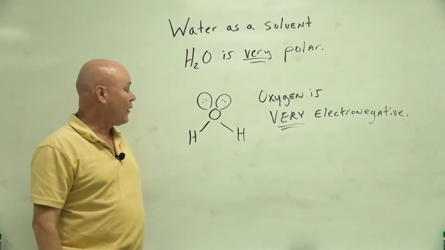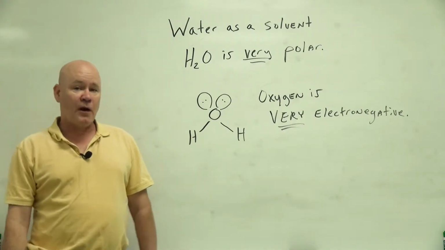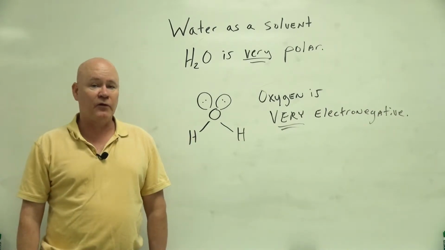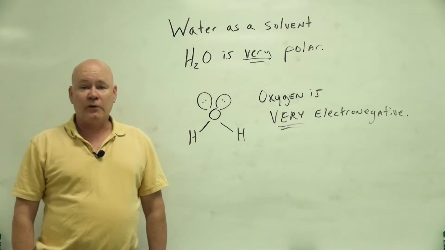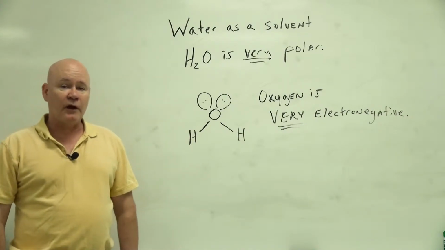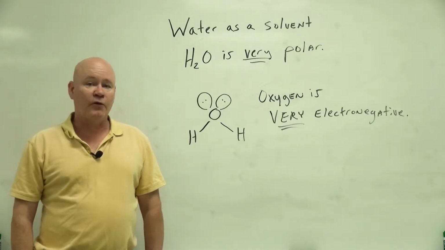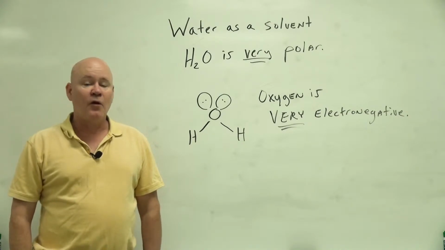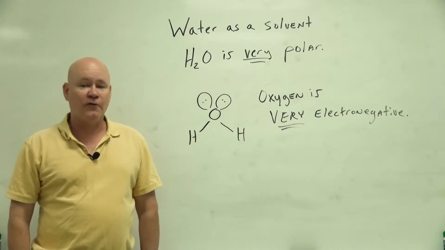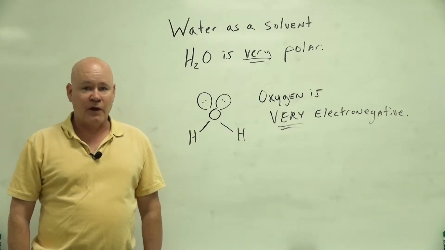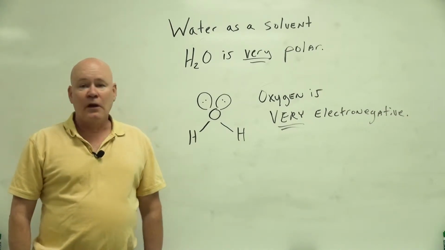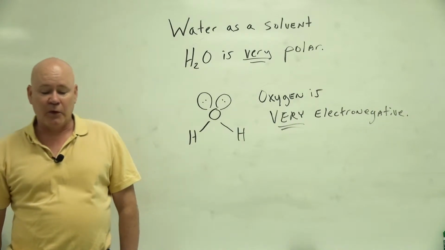And if you recall, to have a polar bond, you have to have differences of electronegativity. Now, the oxygen is very close to fluorine. Fluorine is the most electronegative element. The closer you are to fluorine on the periodic table, the more electronegative you are. The further away you are from fluorine, the less electronegative you are. Now, oxygen is very close to fluorine if you look at your periodic table.